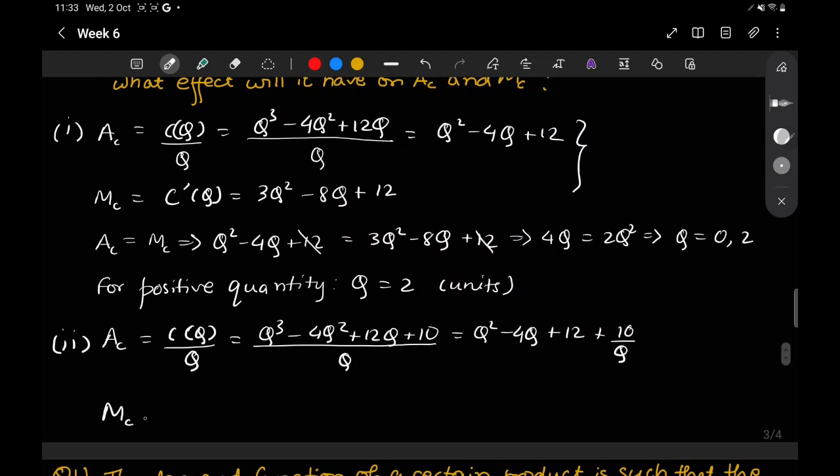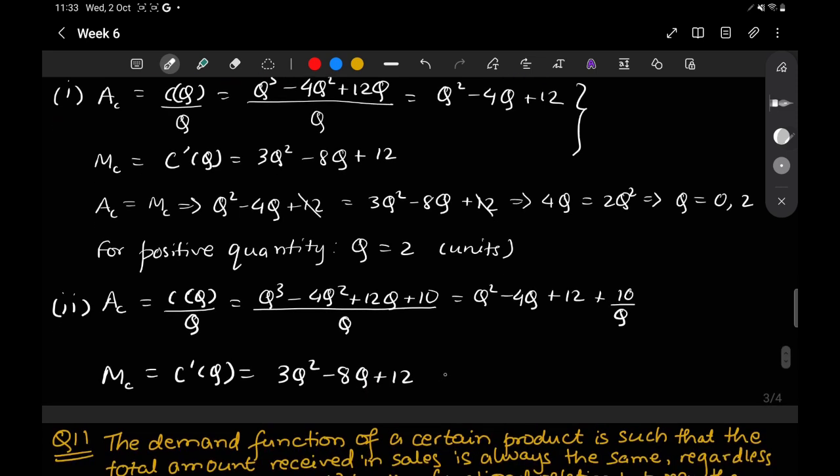And the marginal cost remains the same because the derivative of a constant is 0. So this remains the same as previous.